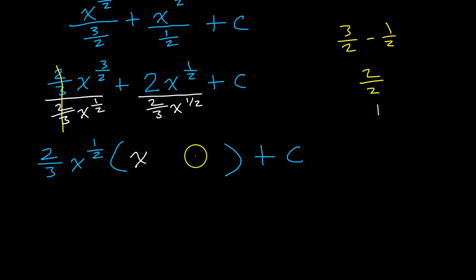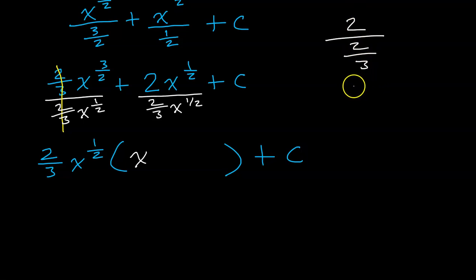Now for the second term. So first of all, I need to divide 2 by 2/3. So I've got this 2 divided by 2/3. If I multiply by the reciprocal, this would be the same thing as 2 times 3 over 2. But look, those 2's are going to cancel each other out.